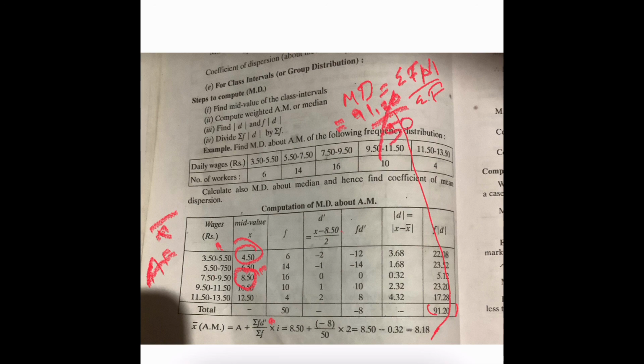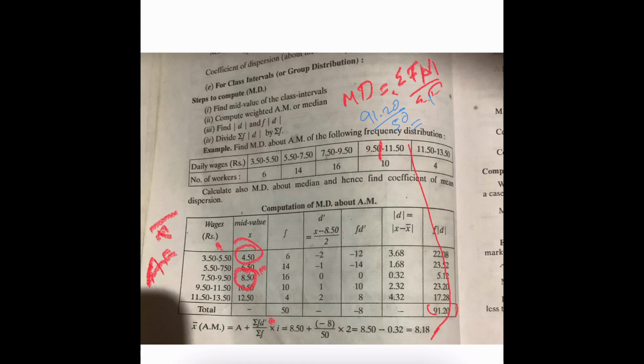So when you divide this, it will be rupees 1.82. I'll write this clearly. 91.20 divided by 50, which is your frequency summation of f.